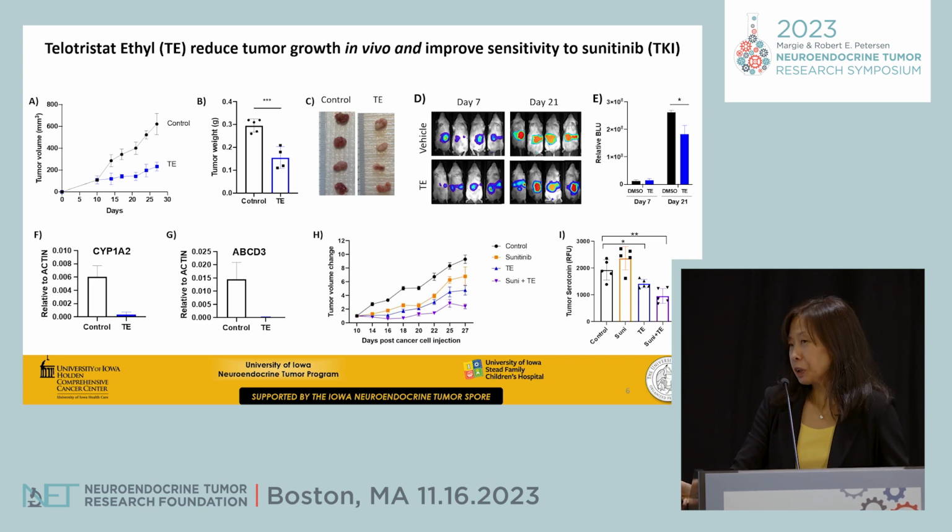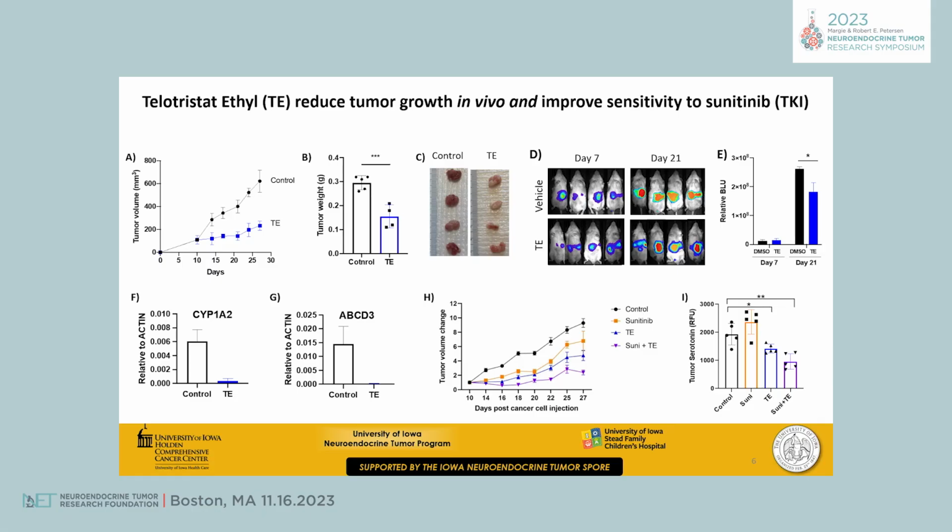So we took our tumors and looked at them more at the molecular level, and we looked at the gene expression. What we noticed is that TE-treated tumors actually express less of some of these drug metabolizing enzymes and also these drug pumps that pump out anti-cancer drugs. And so we thought, well, this is great. It means maybe we can give them the TKI or other drugs that are approved for neuroendocrine tumors, and maybe they will respond better.